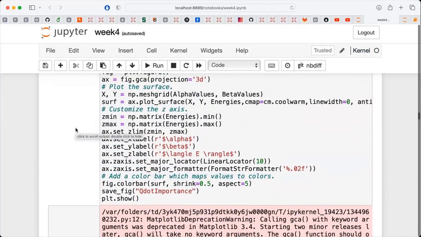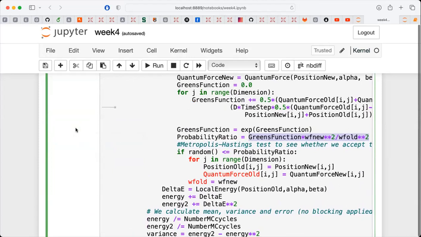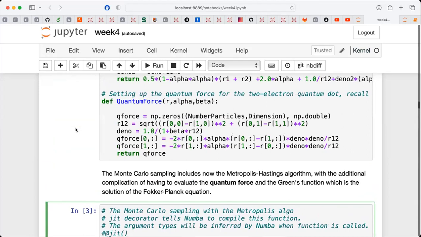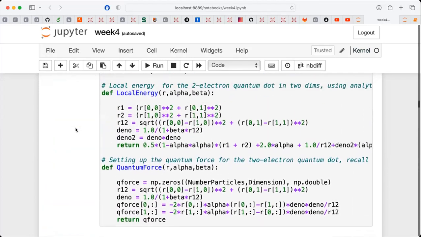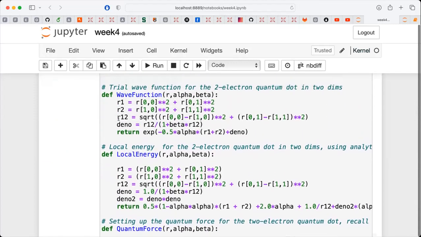So the elements which you would need, and I recommend when you're coding now that you can take this example. This example here contains the harmonic oscillator. If you look at the wave function here, it has a piece which is just the standard harmonic oscillator.